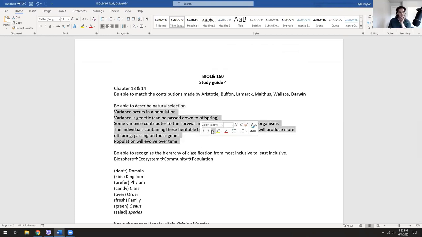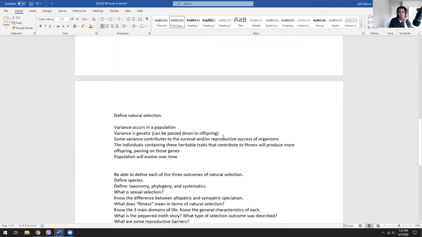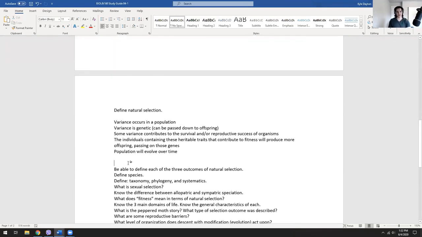I think the biggest bullet would be: things that have heritable traits that contribute to their fitness produce more offspring, passing on those genes. I think this is the best summary of it. Things with heritable traits that contribute to fitness will reproduce more offspring and pass on those genes that contributed to their reproductive success. That's how you get change over time in a population.